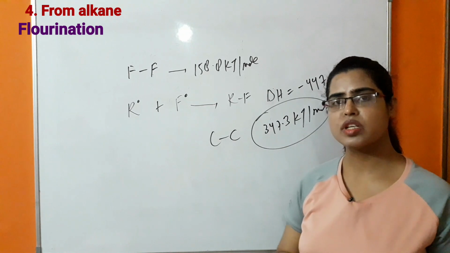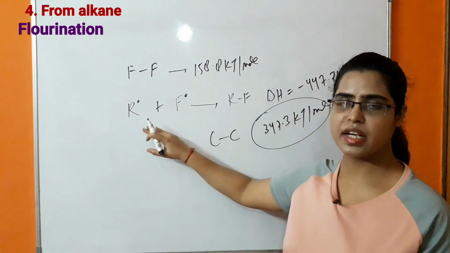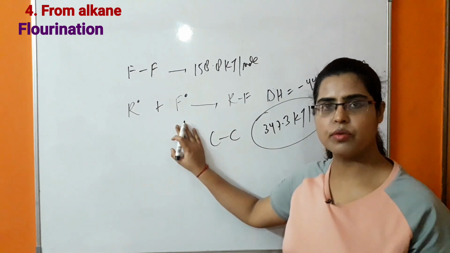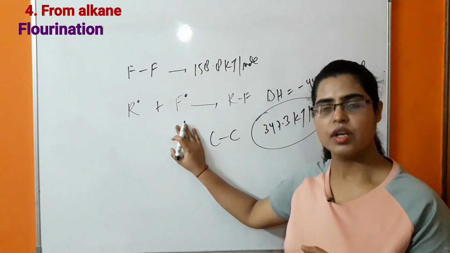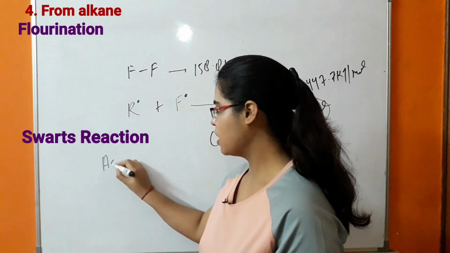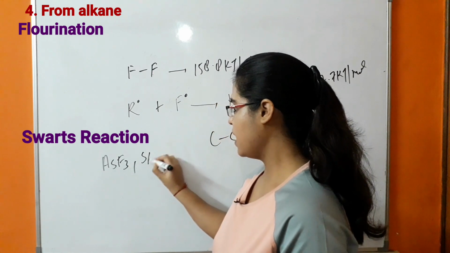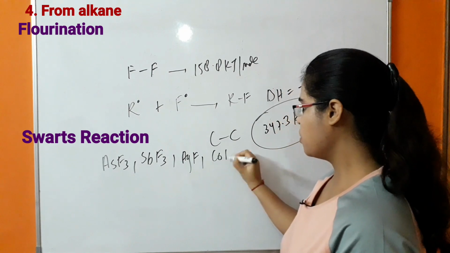So instead of using pure fluorine, we use diluted form of fluorine, in which the fluorine is diluted with inert gases, example argon or nitrogen. We can also use inorganic fluorides, example AsF3, SbF3, AgF, CoF3.